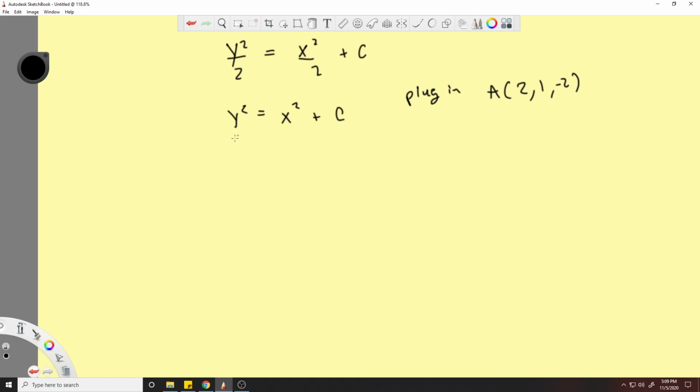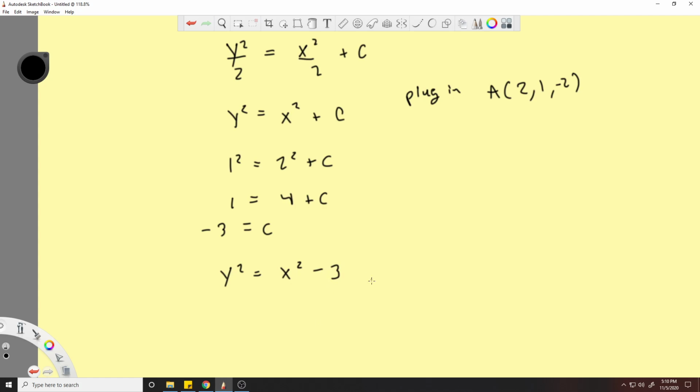So we have 2 for the x, 1 for the y, so 1 squared equals 2 squared plus c. 1 equals 4 plus c. c is equal to negative 3. Plug in the c for our original equation: y squared equals x squared minus 3.